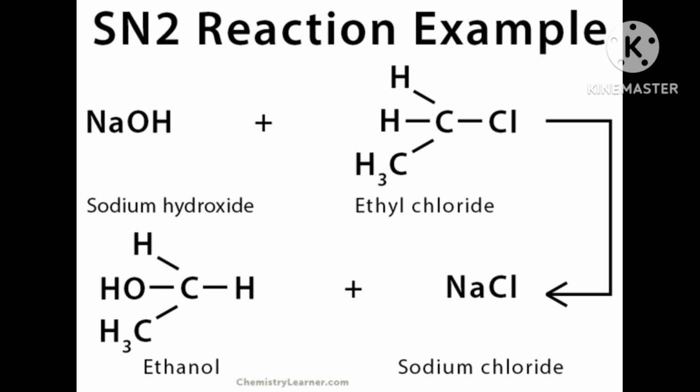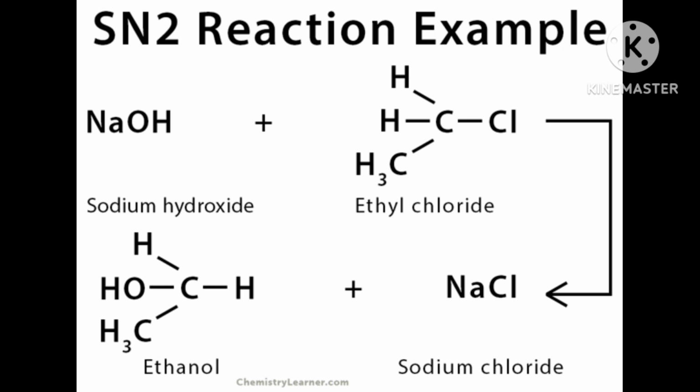Now try to understand the mechanism. This reaction occurs in two steps. In step 1, the C-Br bond is polarized, because bromine is electronegative and obviously polarizes the carbon. Bromine will be delta negative, carbon delta positive.